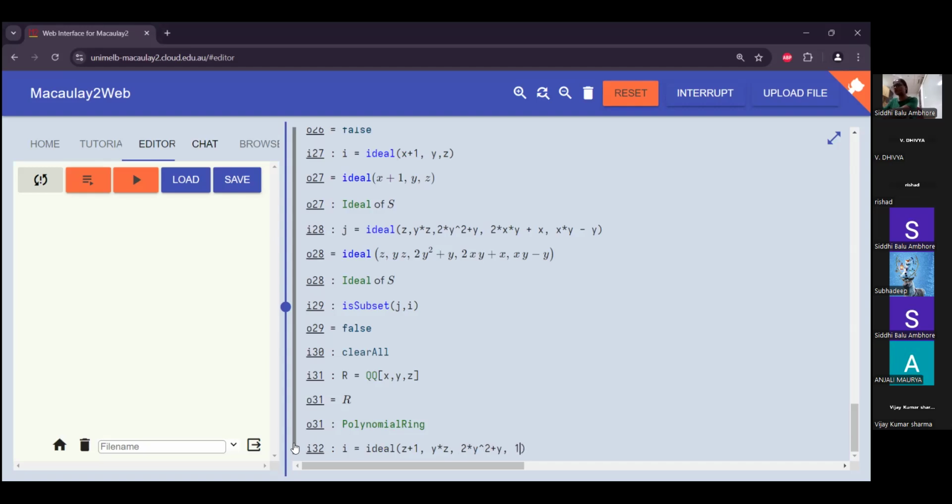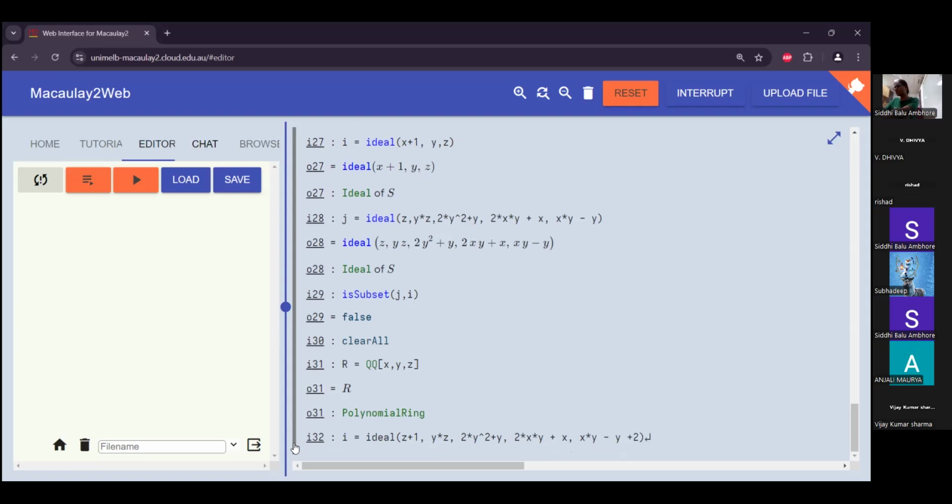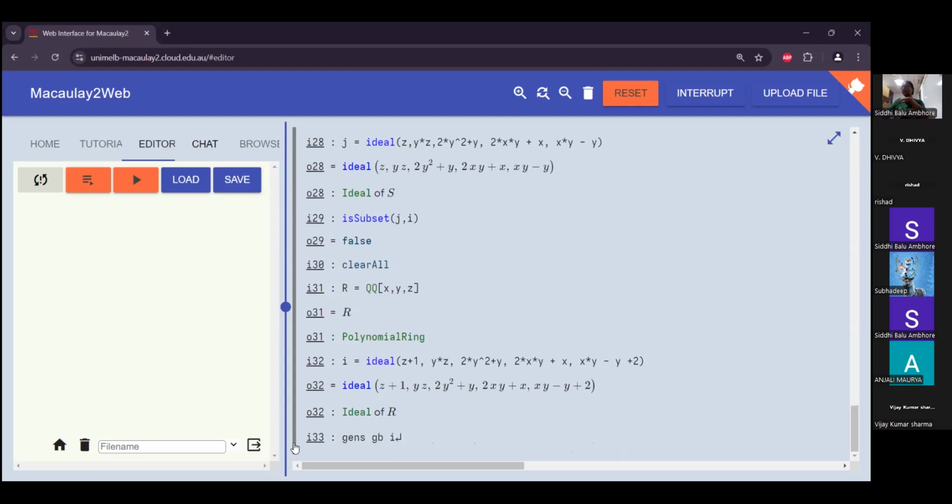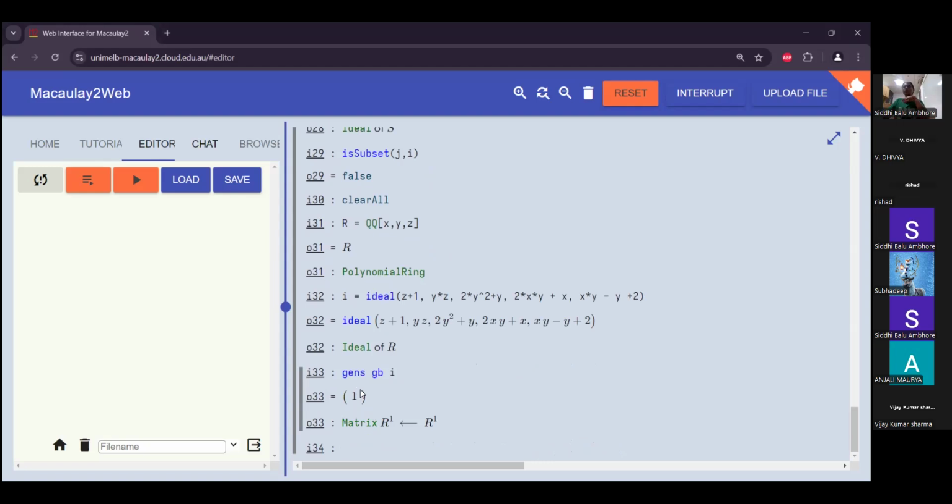Let me just write y plus x star y minus y plus 2. Okay, so I is this ideal, and this is the code, as I already said. It shows the Gröbner basis contains only 1.